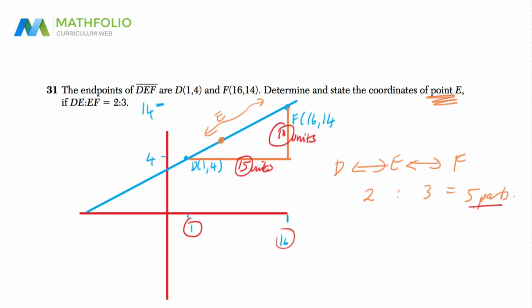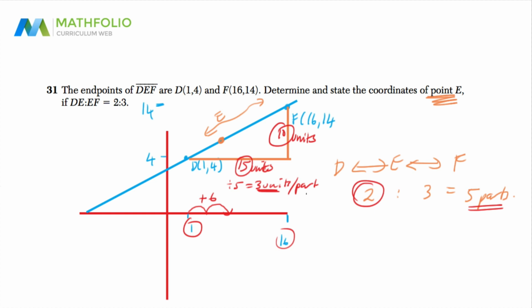So if we're dealing with 5 parts, what we can do is think, well, 15 divided by 5 equals 3 units per part. So therefore, if we've got to go 2 parts from D to E, where each part is worth 3, really we are adding 6.